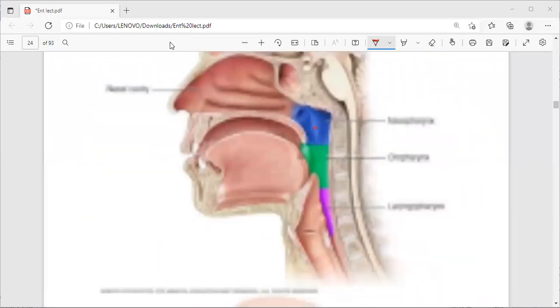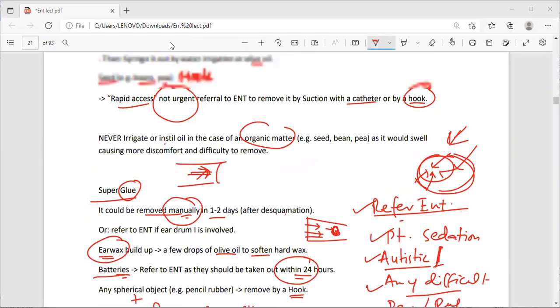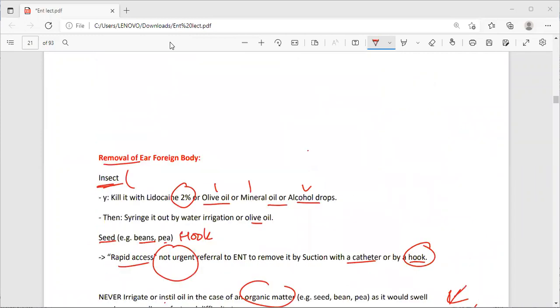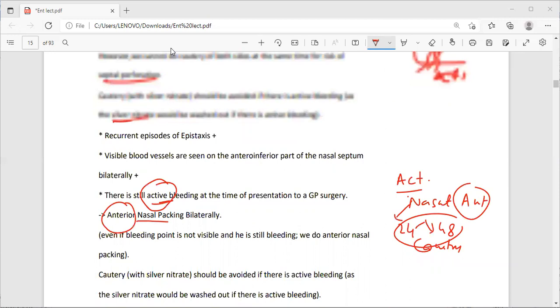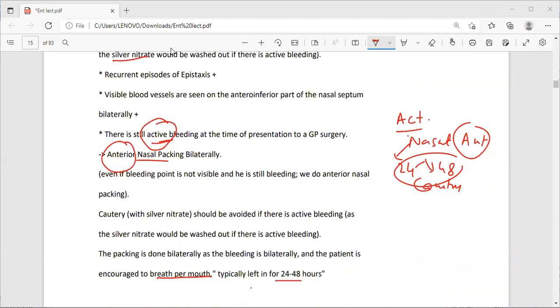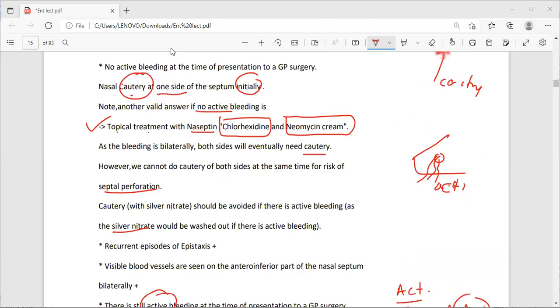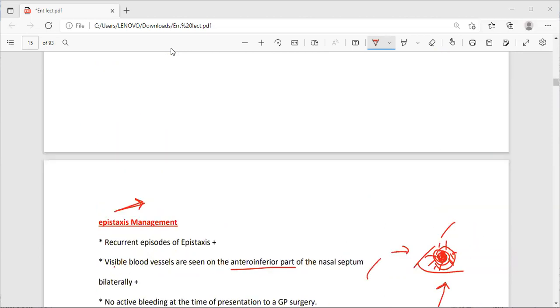Okay, let me bring up the topic. Yeah, here it is. Let me tell you briefly. If there is active bleeding, anywhere when you see active bleeding, you just have to do anterior nasal packing.